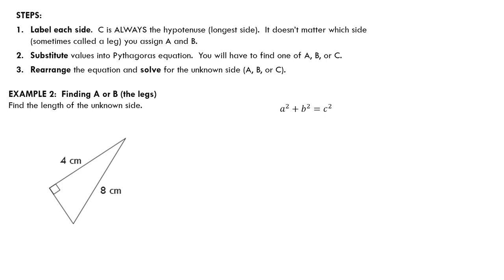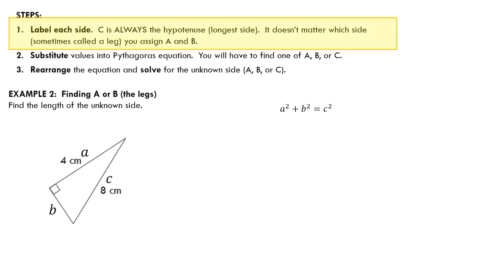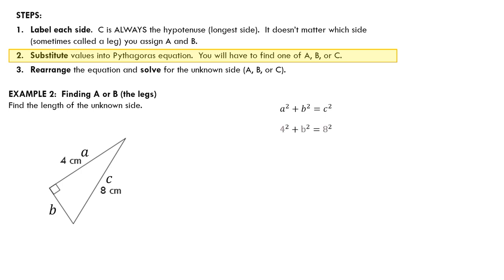In this example, we can start by labeling our various sides, remembering that the hypotenuse is always going to be c. Substitute the values that we know into the equation. So we can say that 4 squared plus b squared equals 8 squared.